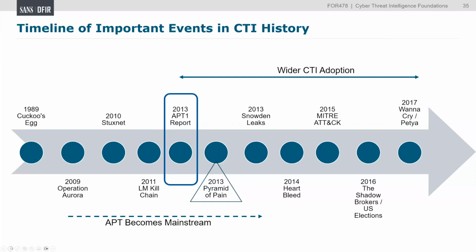This was all driven by the APT1 report from Mandiant, which is one of the best intelligence reports that you can read if you want to do the CTI paleontology, as we call it. So what happened back in time? The PLA, the People's Liberation Army of China, the military intelligence of China, was targeting private organizations in the West in the financial sector, chemical sector, and oil and gas sector, because they wanted to steal intellectual property and transfer it to Chinese organizations.